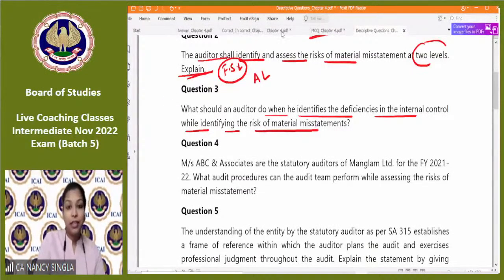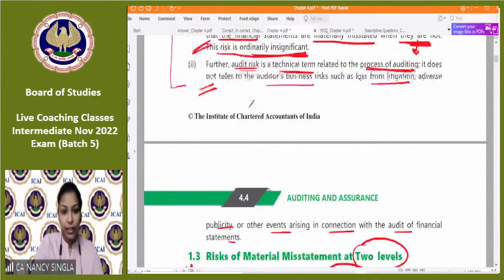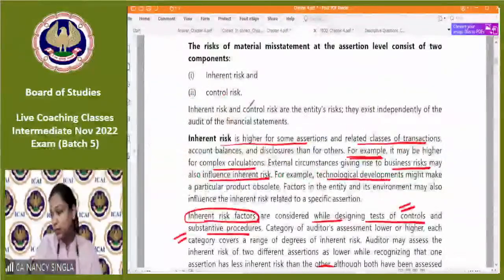So where is it given in your module? Many of you may not be able to answer this question. My prediction says this. Let us see how many of you answer correctly.